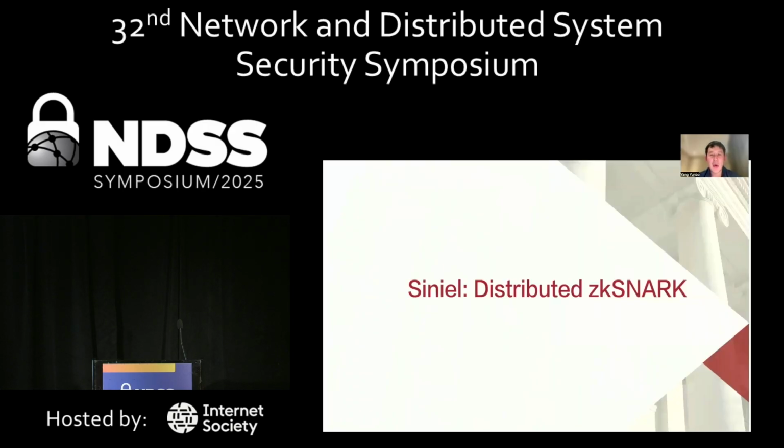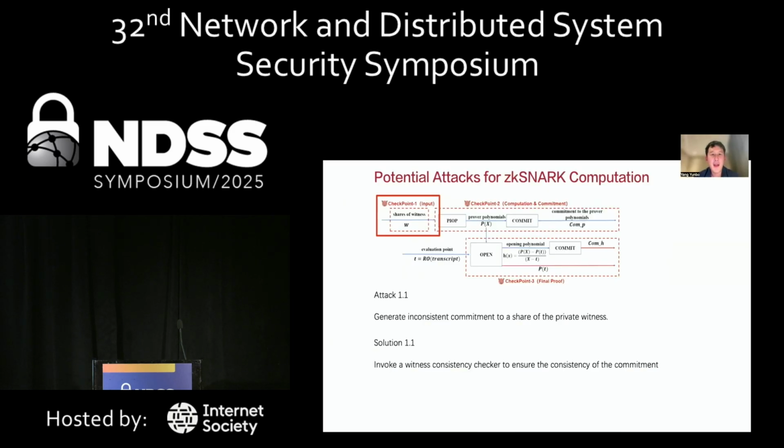Next, we will give a brief introduction about the SENIOR construction. We formalize three potential attacks for zkSNARK computation. The first attack is that in the input to the PIOP phase, the malicious worker may generate an invalid commitment to a share of the private witness.